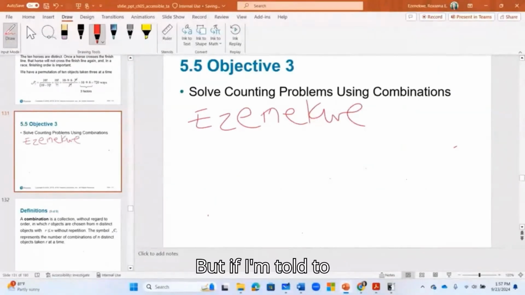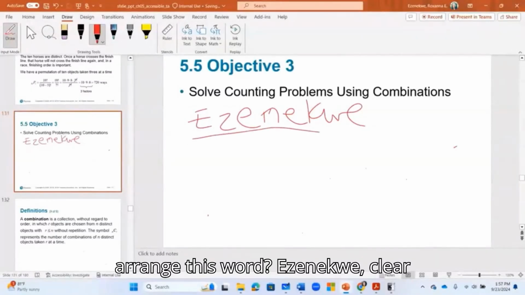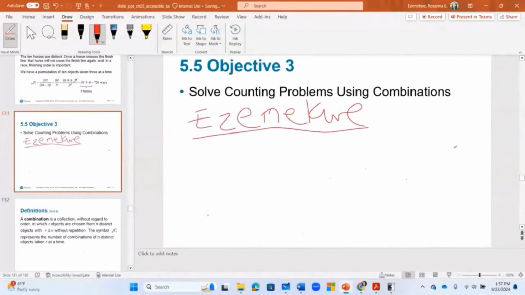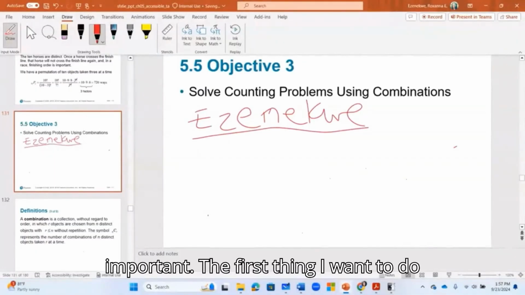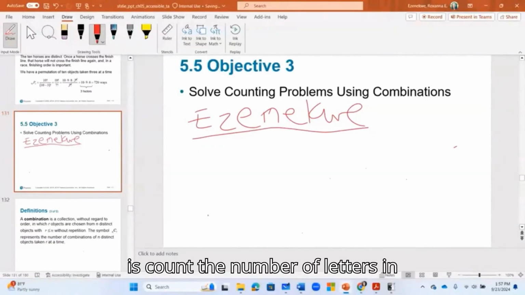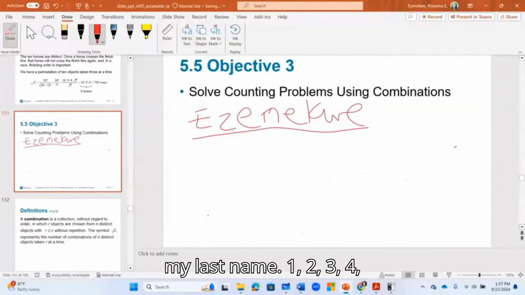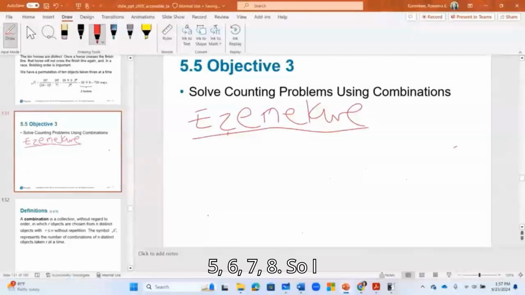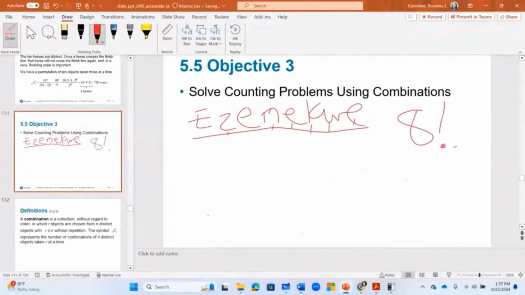But if I'm told to find how many ways I can arrange the word Ezenekwe, where order is important, first thing I want to do is count the number of letters in my last name. 1, 2, 3, 4, 5, 6, 7, 8. So I will write 8 factorial, the sample space of the count, over.